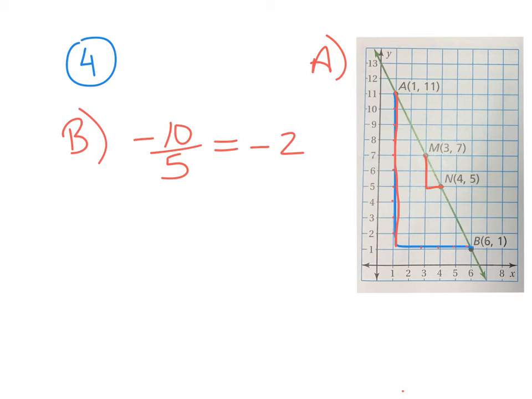It's technically -2/1, but whenever you have it over 1, you can just leave it as the whole number. So my slope is -2. Now let's look at the second one. I went down 2 over 1. So again, my slope is -2. That's going to prove that these two right triangles are similar.